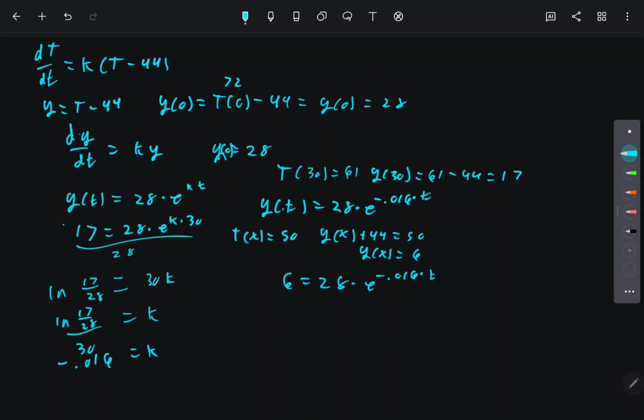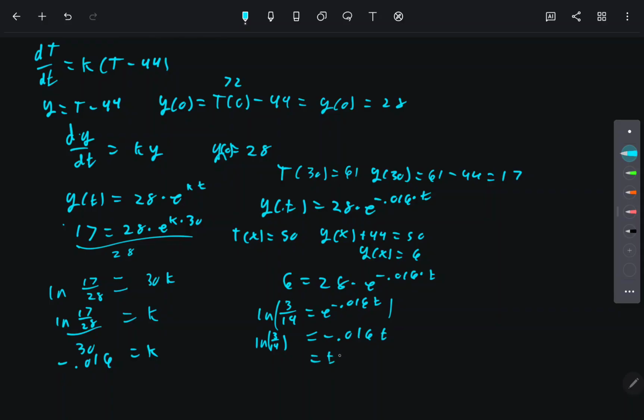Alright, divide both sides by 28 to start out. So we get 3 over 14 is equal to e to the negative 0.016t. Take the natural log of the function. So we get the natural log of 3 over 14 is equal to negative 0.016t.